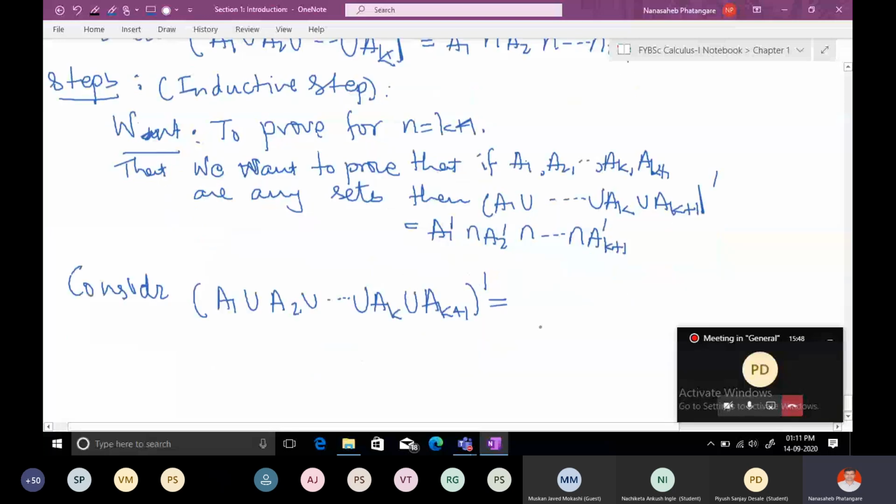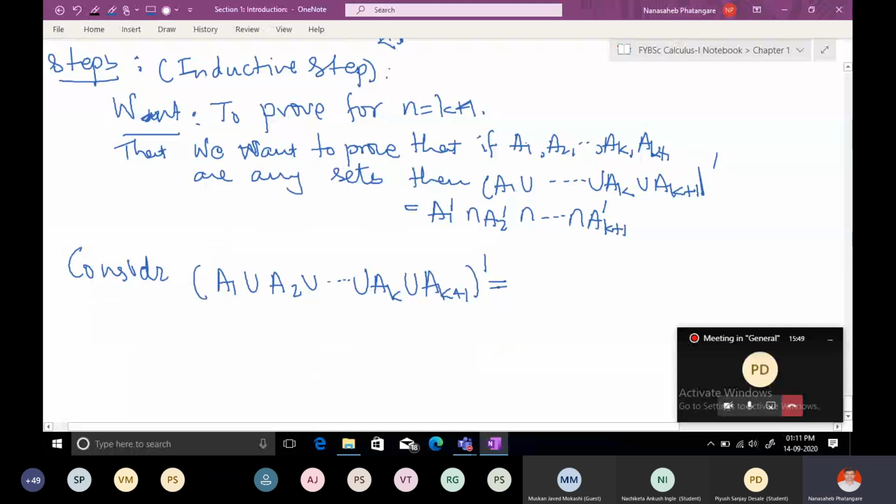If I split this union into two parts, up to ak, and its union with ak plus 1, it is the same thing, right?